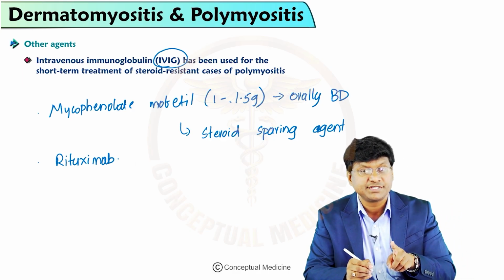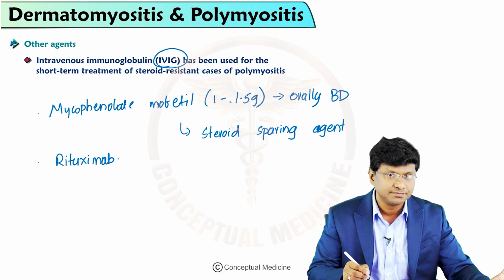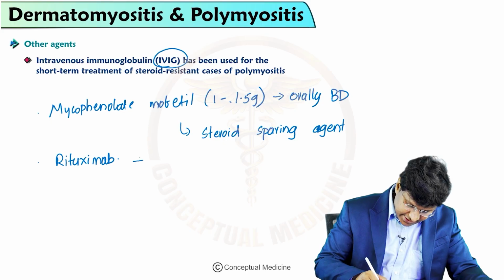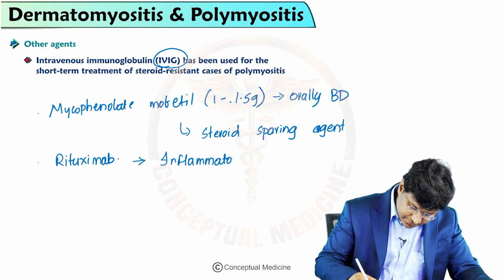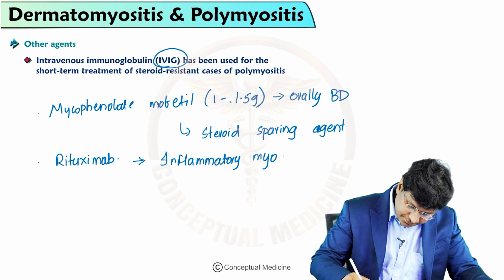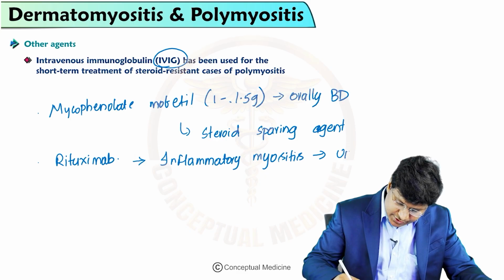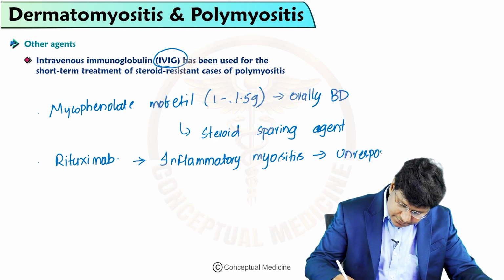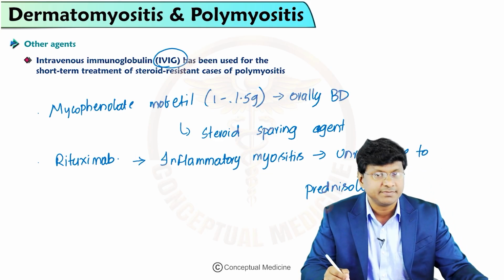Rituximab is effective in some patients with inflammatory myositis unresponsive to prednisolone, right? Given to patients with inflammatory myositis unresponsive to prednisolone. Okay, that is about the rituximab.